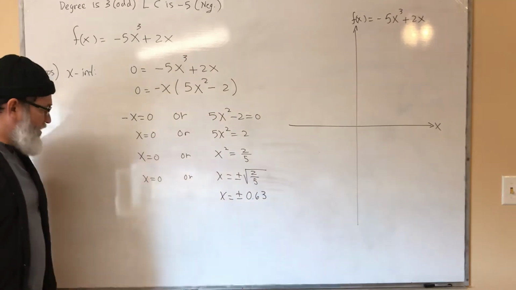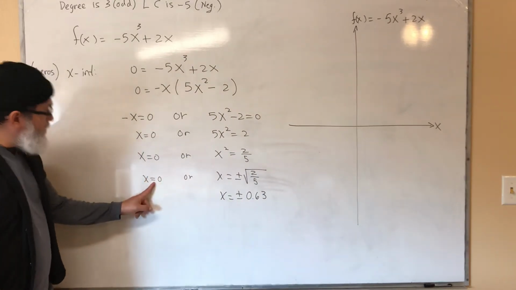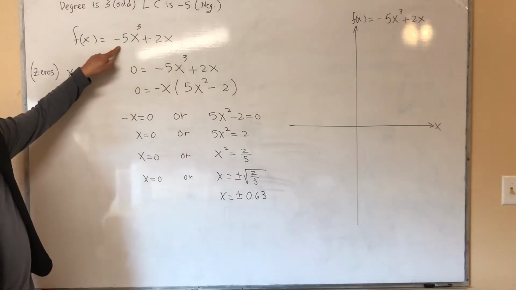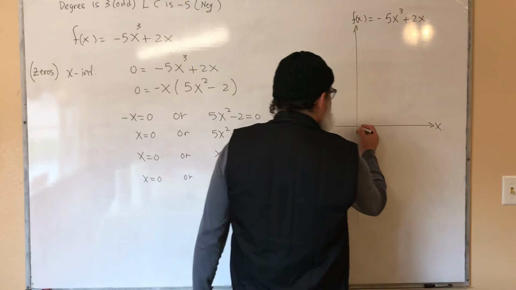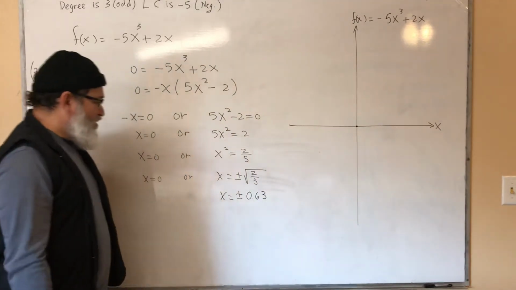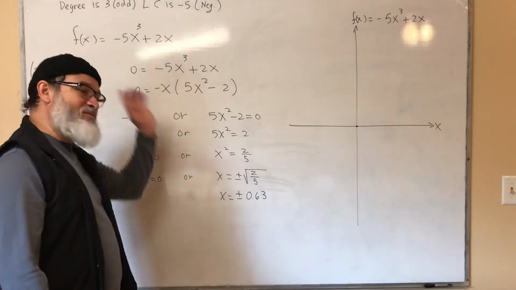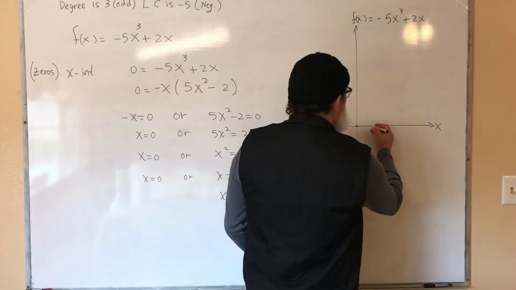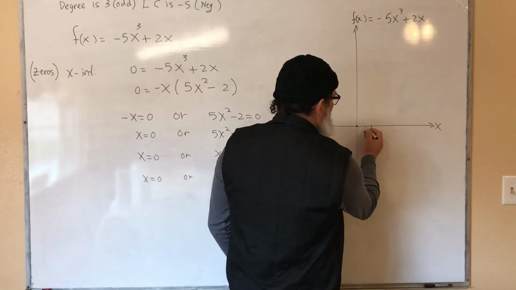So when x equals 0, the function is 0. When x equals 0.63, the function is 0. This is 1, and this is 0.63.